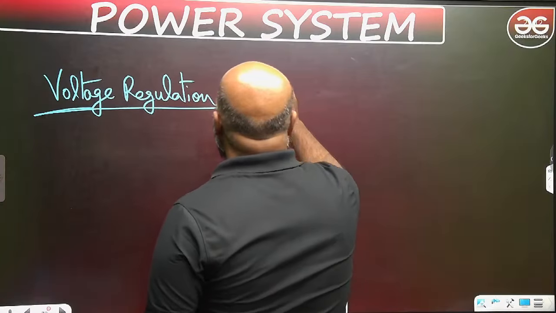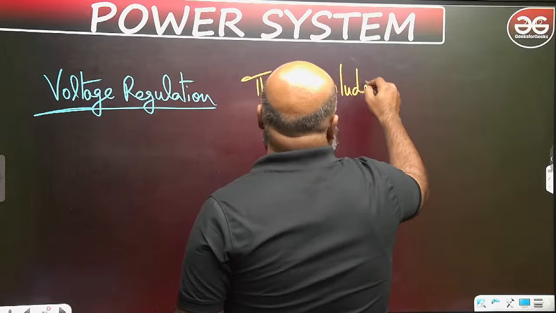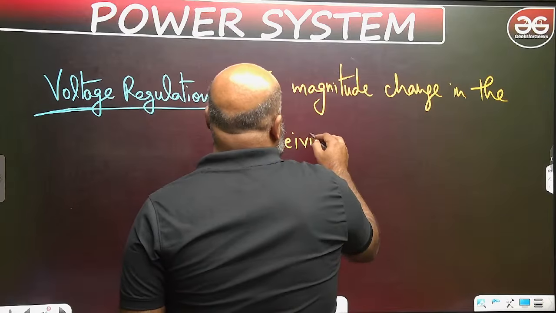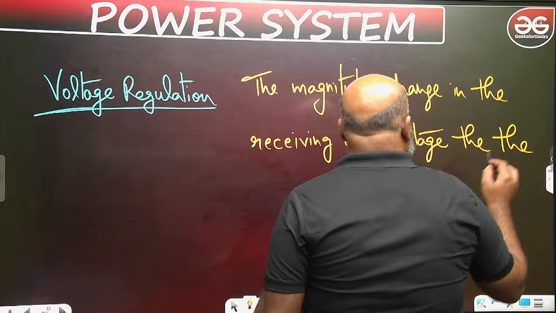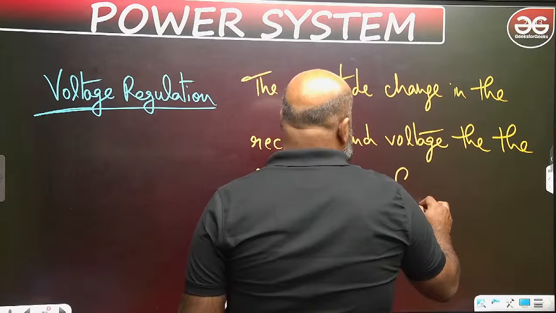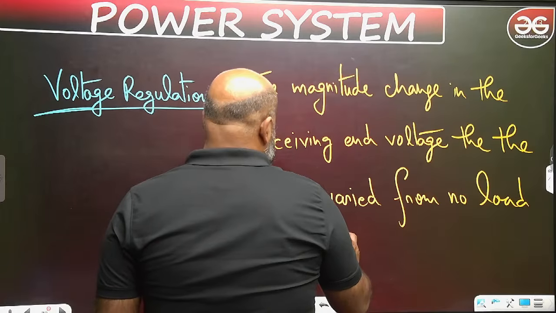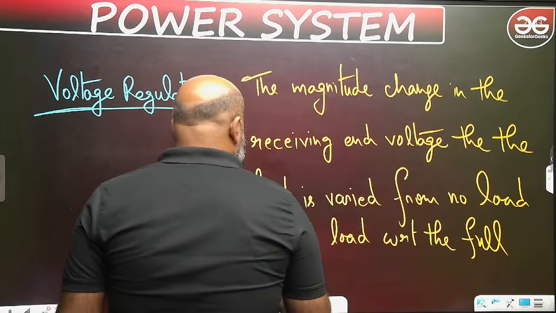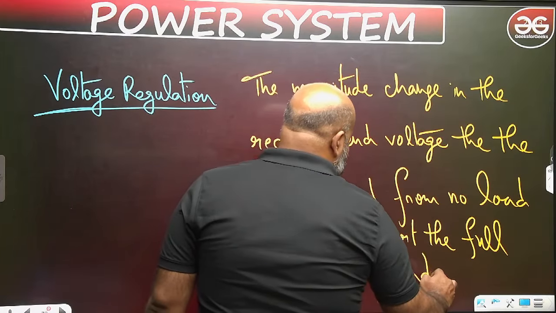It is the change, or the magnitude change, in the receiving end voltage when the load is varied from no load to full load, with respect to the full load receiving end voltage.